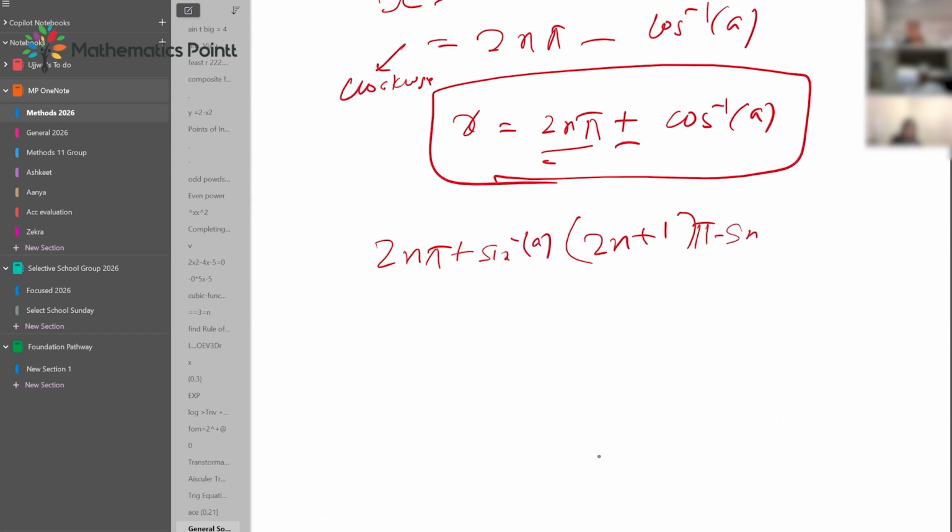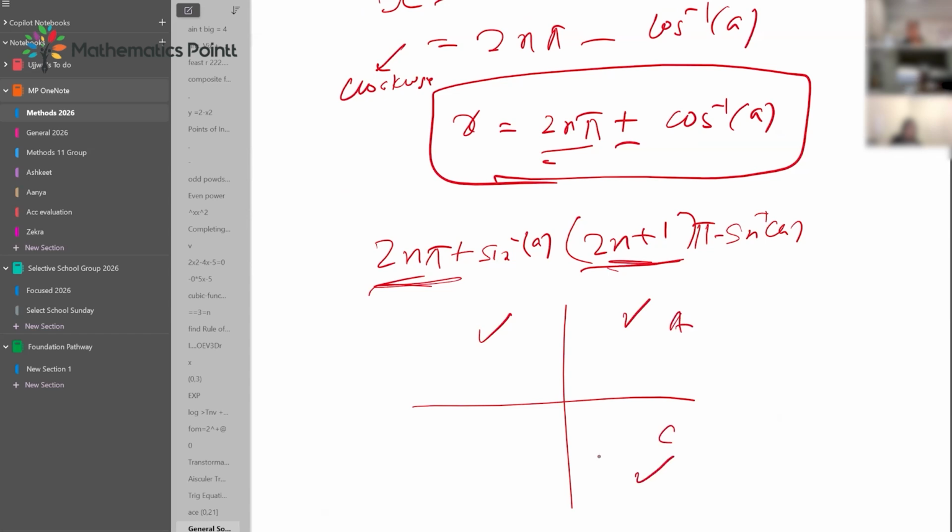This is minus sine inverse. And there is a reason behind it. Why do we do 2n pi and 2n plus 1 for sine, and just 2n pi for cos? Simply because of the quadrant. For sine, I need to identify first and second quadrant, so that is why I have two different patterns. Cos is first quadrant and fourth quadrant, which is roughly a 2 pi rotation almost. And that is why I only have 2 pi.